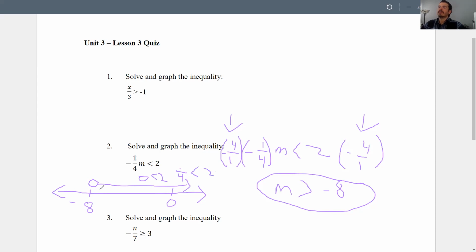If I go to, let's say, -12, like way over here, -12 multiplied by this -1/4 is a +3, and that is not less than 2. So there's another indicator that I'm right, right? Sweet. Okay, let me get rid of some of this guesswork here. So this is my solution, and this is the graph of my solution.